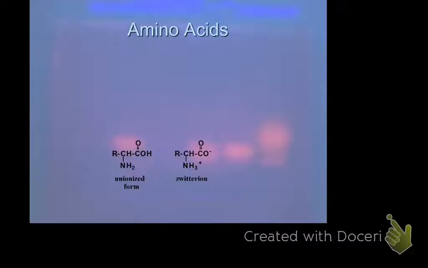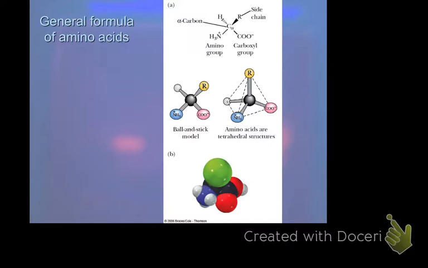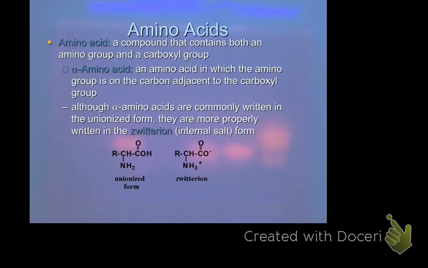But this is an amino acid. Let me go back one. All right. So amino acids, with one exception, all of them have the same generic backbone. Well, even the one that's an exception, the backbone is essentially the same.